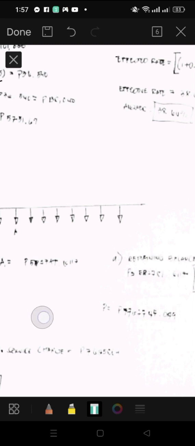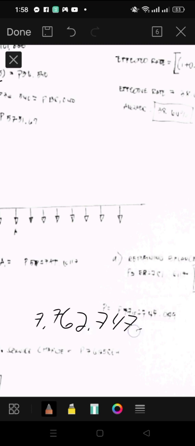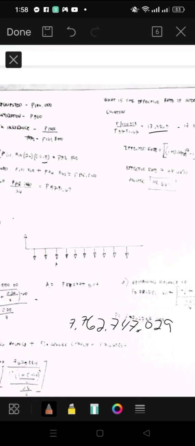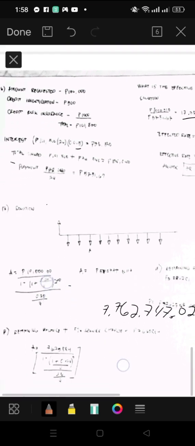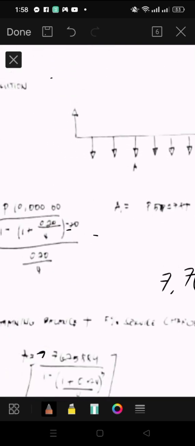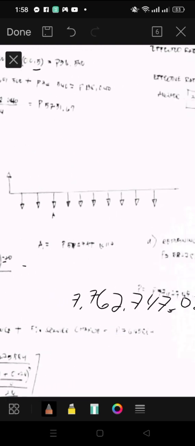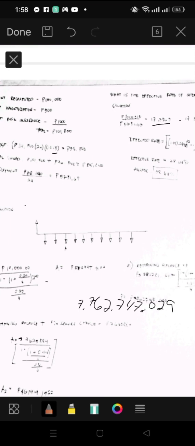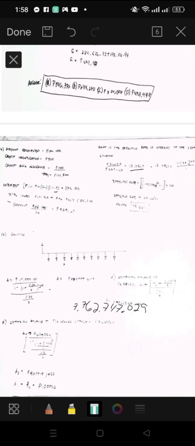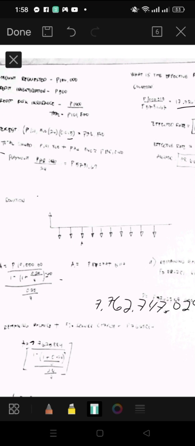So that is the remaining balance, the balance due on the original mortgage principal, if all payments have been made through the fifth year. So that is 7,762,747.029.